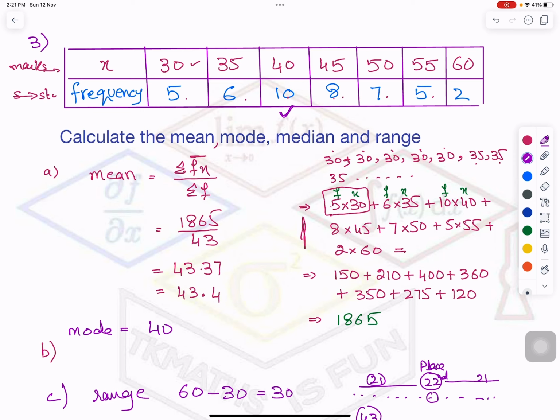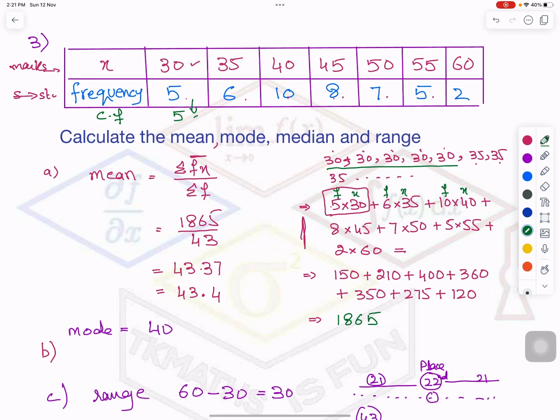So the technique to handle this question is you need to add a row here which is called cumulative frequency. Okay, let me use green color, cumulative frequency. It means first of all copy down this frequency as it is, like I have shown you here. 5 is written.